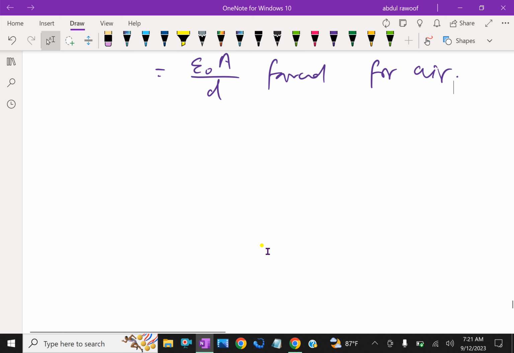Next one, medium partly air. Suppose the medium consists partly of air and partly of a parallel-sided dielectric slab of thickness T and relative permittivity epsilon r.